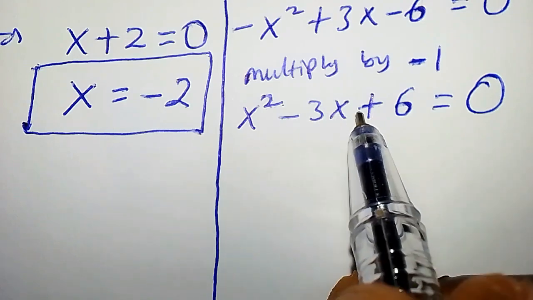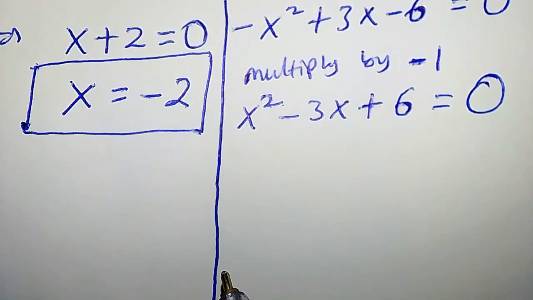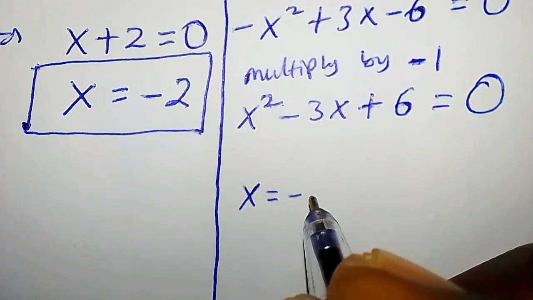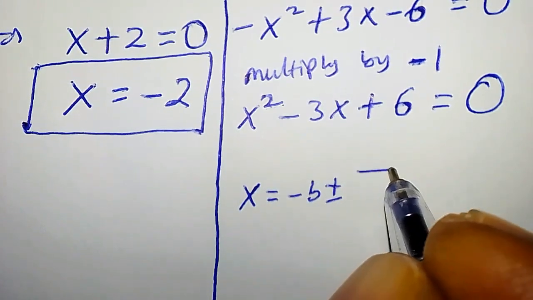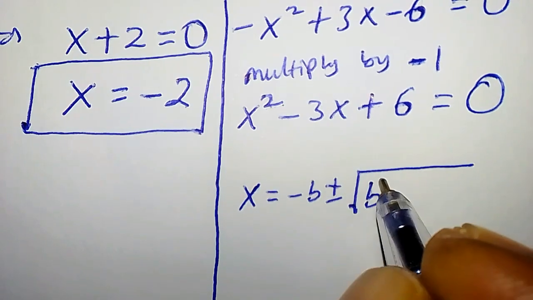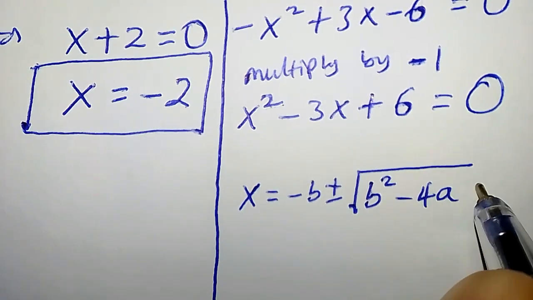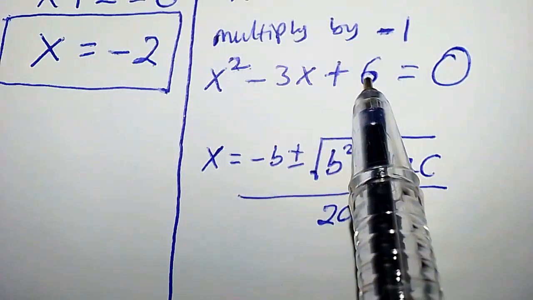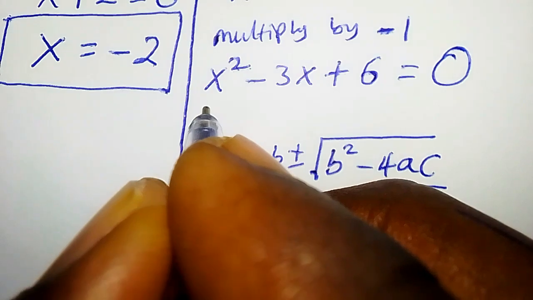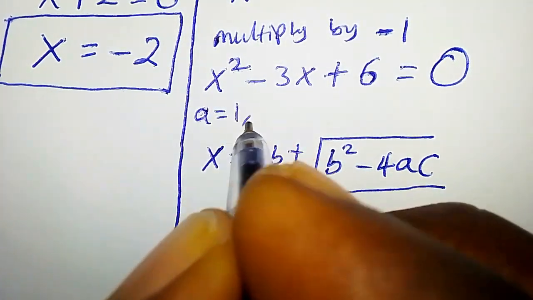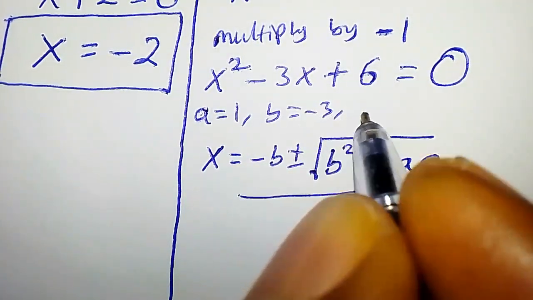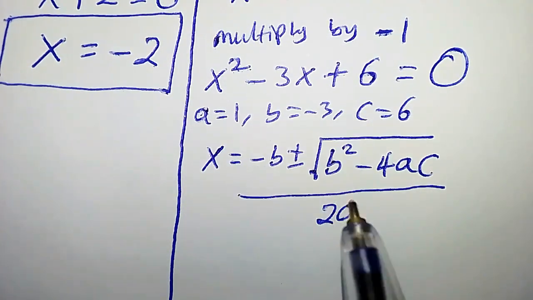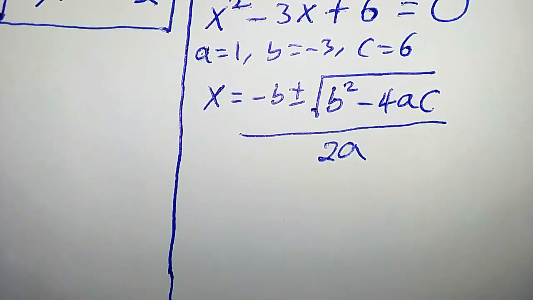This equation, we can solve using the quadratic formula, which says x equals minus b plus or minus the square root of b squared minus 4ac over 2a. From this equation, we know that a is 1, b is minus 3 and c is 6. So let us plug in these values.